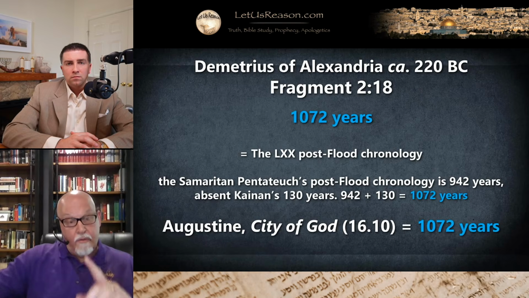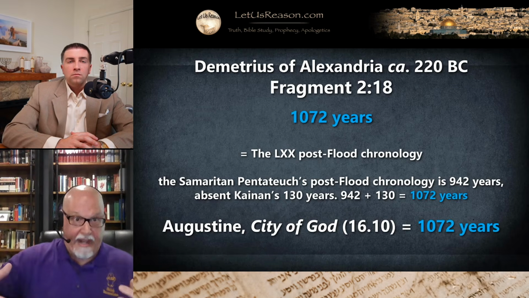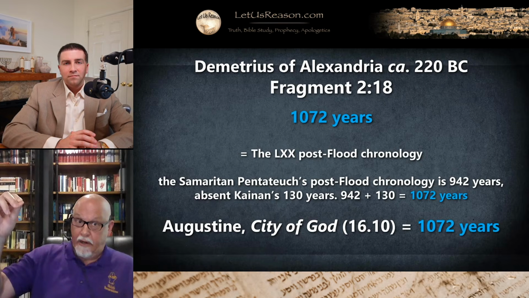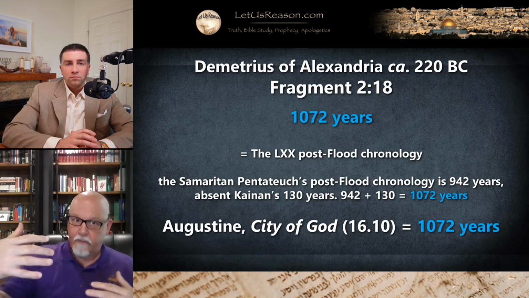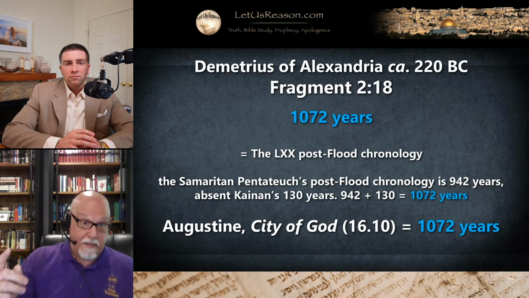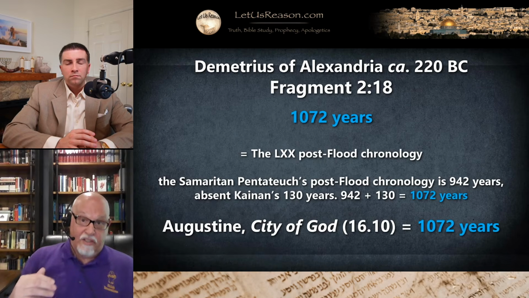But the thing I should emphasize is the reason I mentioned these four witnesses is the power of the cord of four strands, if you want to say it that way. It's not just one person over here. If it was just Demetrius, you'd say, okay, that's important evidence, but then you start adding these other witnesses to the text in different places. Josephus has been deported to Rome, and he's got a biblical text with him. Demetrius is in Alexandria.